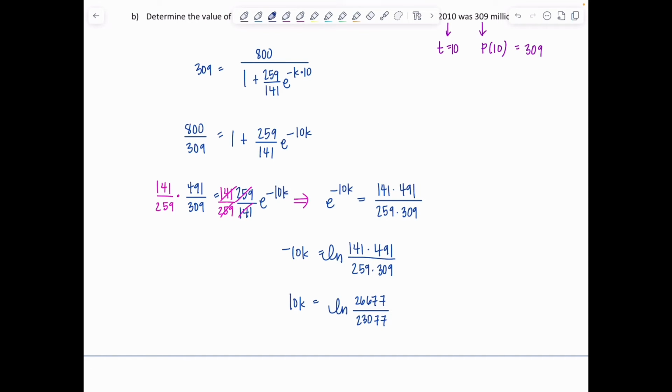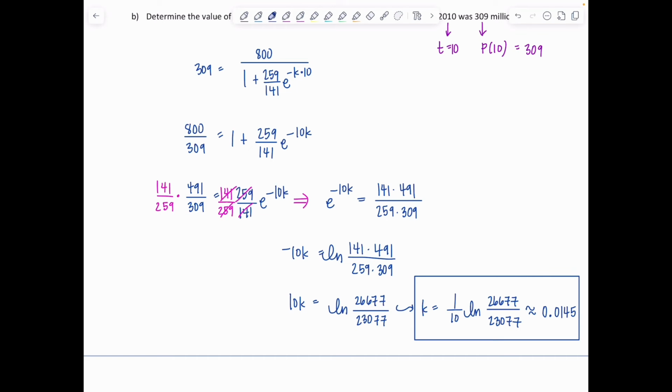Okay, so we're almost there. So K is 1/10 ln 26677 over 23077, which is approximately 0.0145. Okay, there we go.